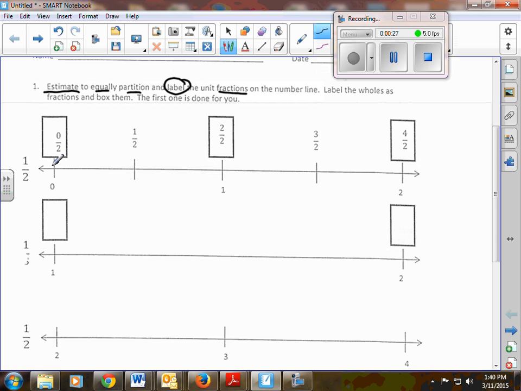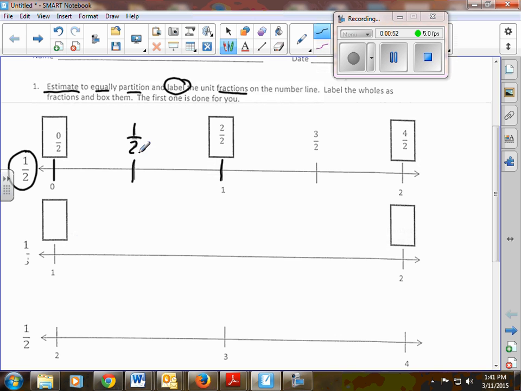Notice that this number line starts at 0 and it goes to two wholes, okay? In order to show 1/2 on this number line, we need to equally partition it. So just looking at 0 and 1, where would the half fall? It would fall right there.